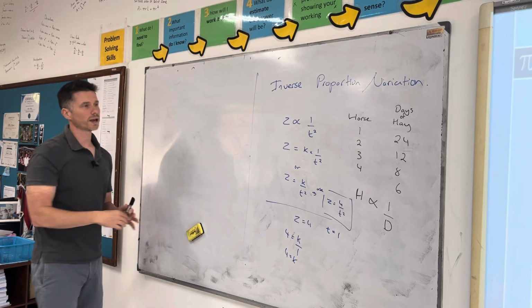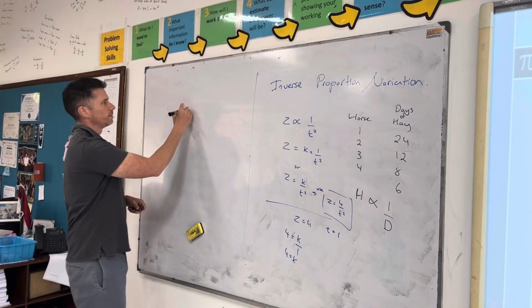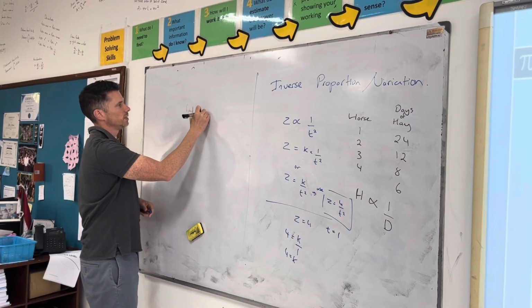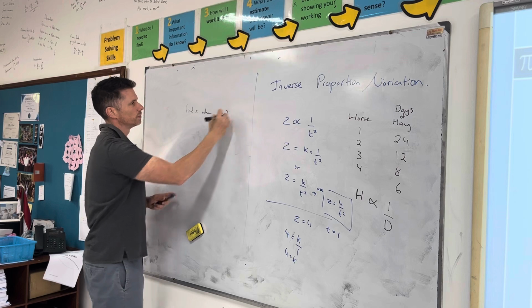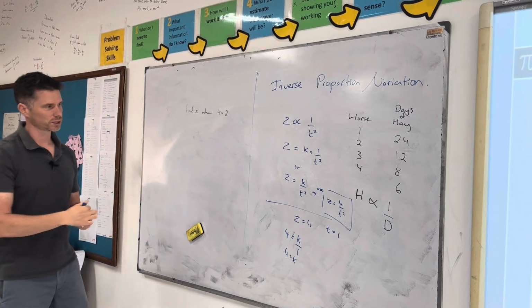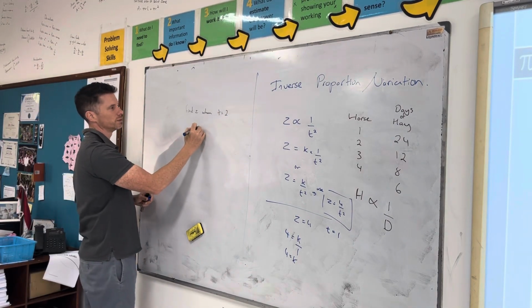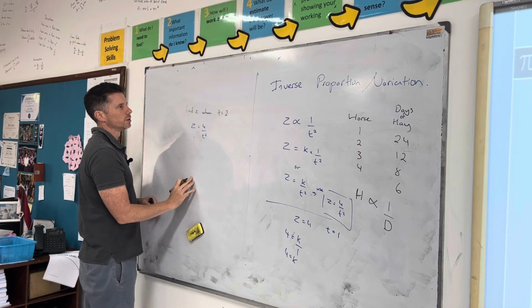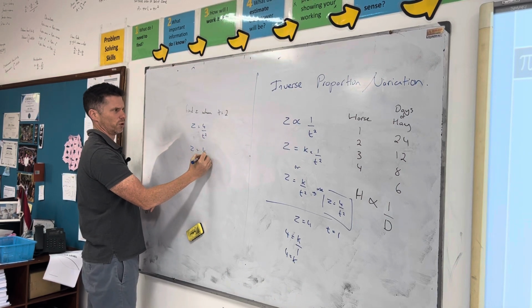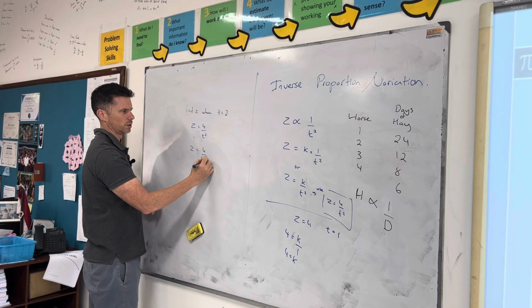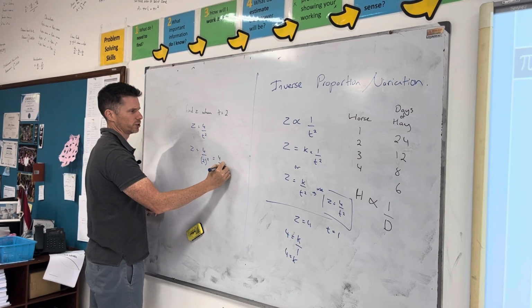Now I'll use that to finish the question. Find z when t is 2. Looks a lot easier when I have this formula to use. So z is 4 over 2 squared, so that's 4 over 4, which is 1.